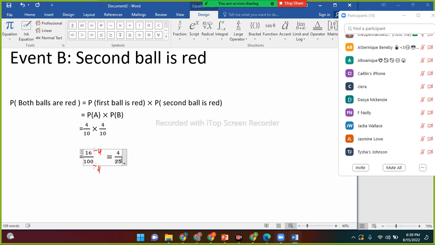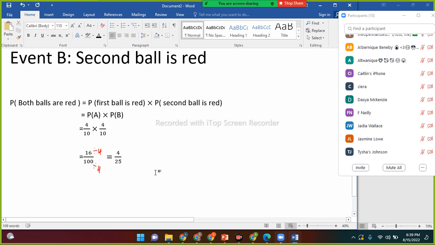So the probability that both balls are red is 4 out of 25.